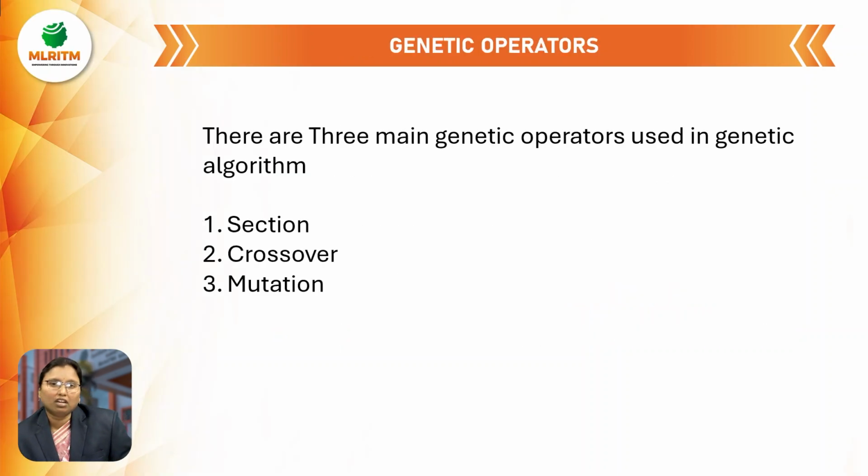In a genetic algorithm, there are three types of operators: the first one is selection, the second is crossover, and the third is mutation. Generally there are a number of operators, but we can discuss mainly these three.